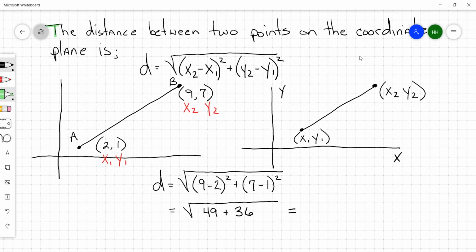And now the 36 is still in your calculator, so you could just push plus 49 and hit equals. And your 85 goes under here. And now the button to the right of the x squared, it looks like this, you push it. And you should get 9.2195. So I'm going to go 9.2.